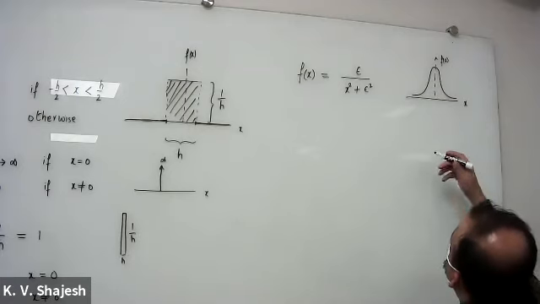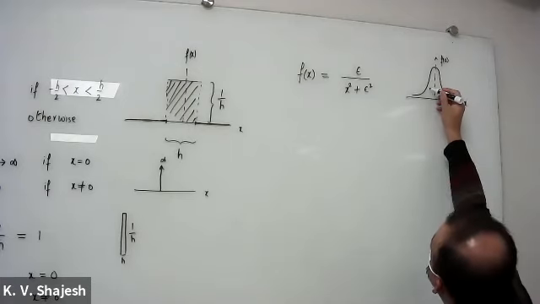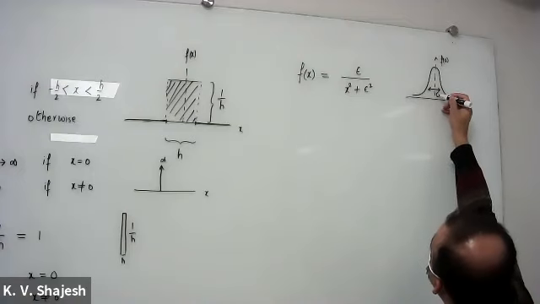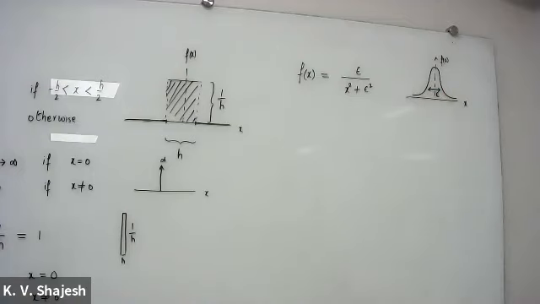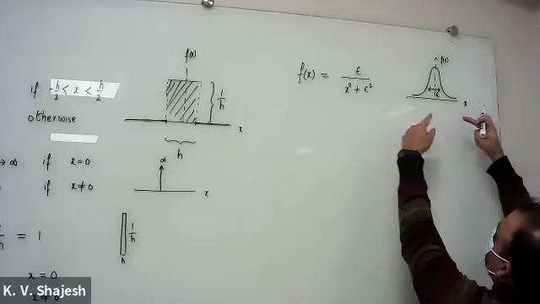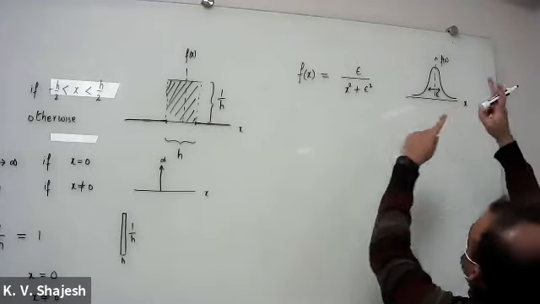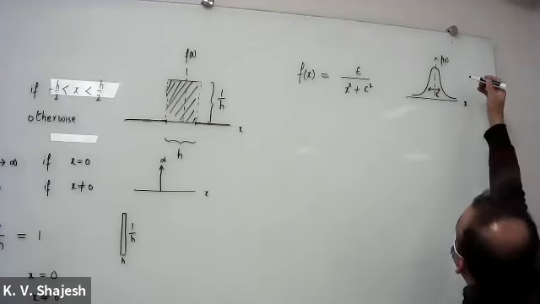And the epsilon has a nice interpretation here. It is kind of the width of this Lorentzian, and it's clear that as epsilon tends to 0, the height also depends on it.